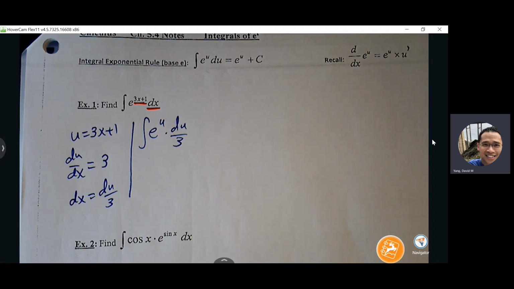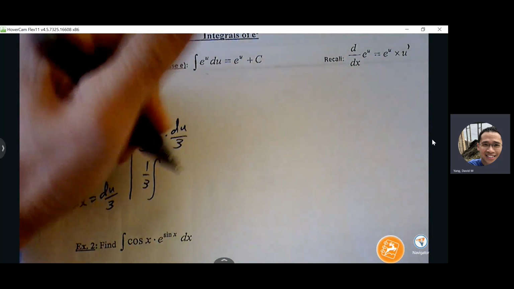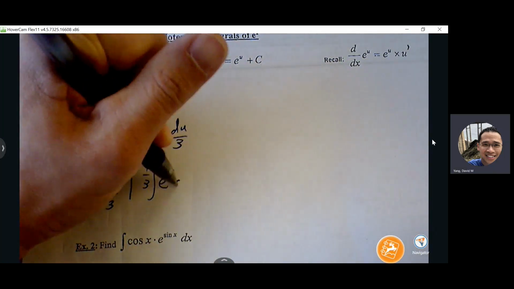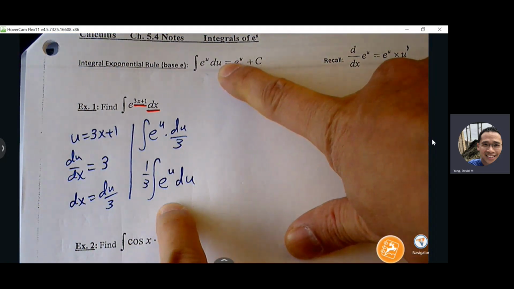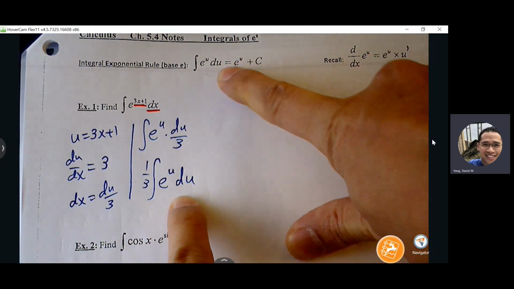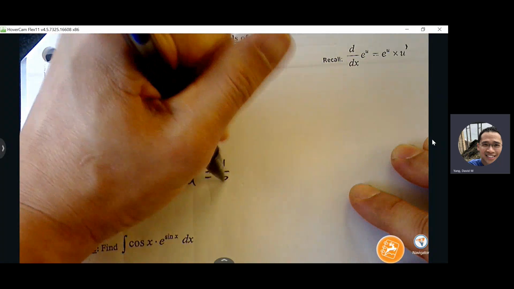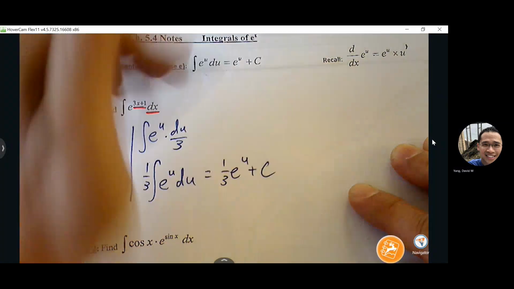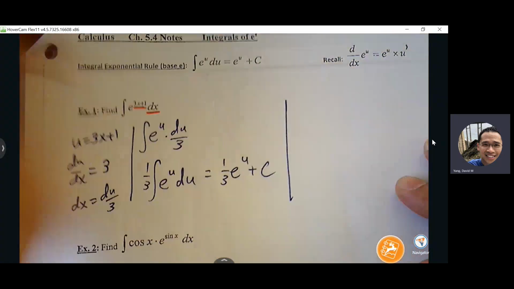That's nice. What can we push out in front? 1/3. So again, once you get past your coefficient, if your problem doesn't look exactly like the rule, then you can't use it. Okay, so it's got to be a perfect match in order for us to use any rule. Okay, matches perfectly. So now 1/3 e to the u plus c. And then replace the u back in terms of x.